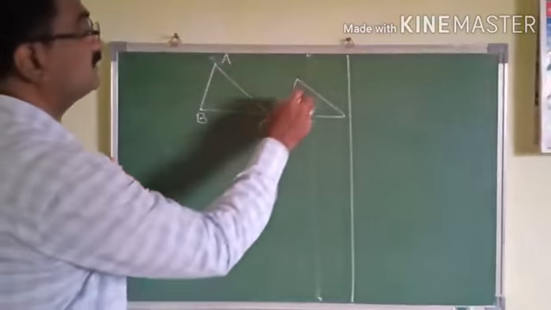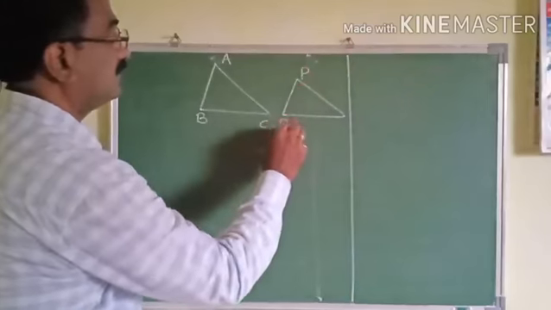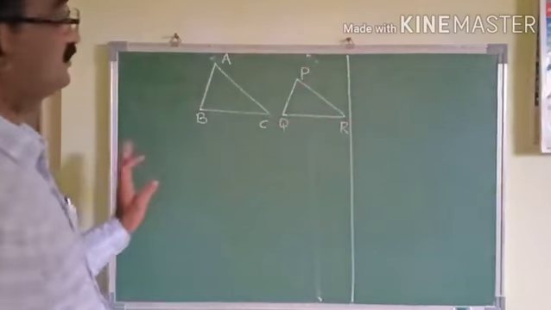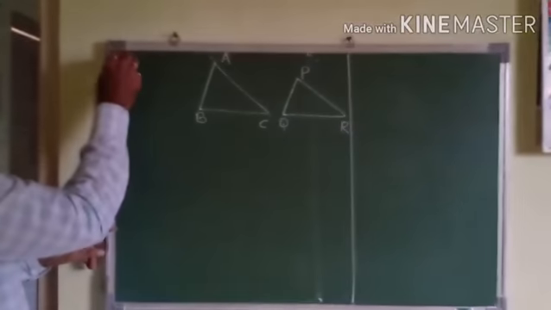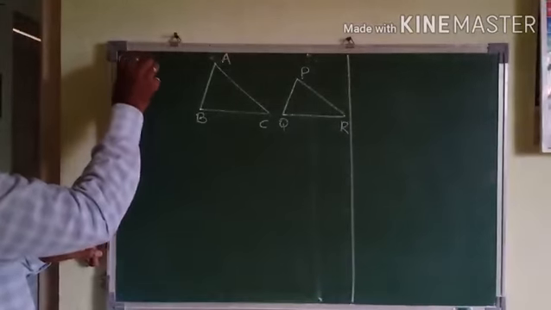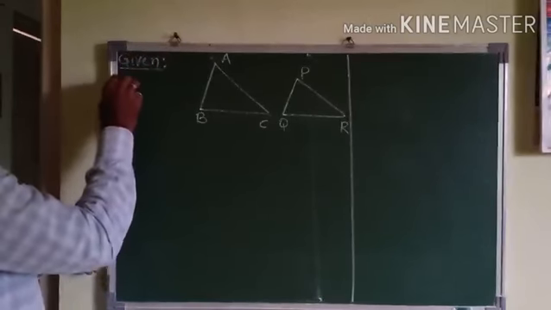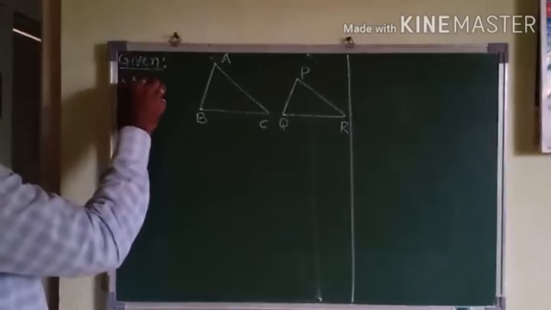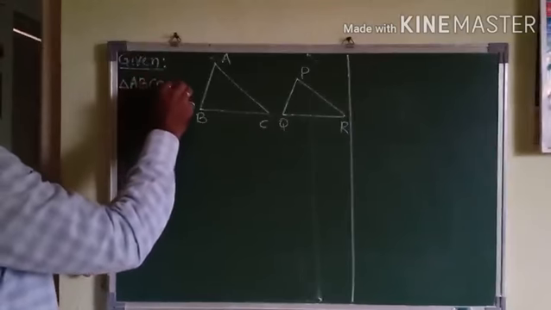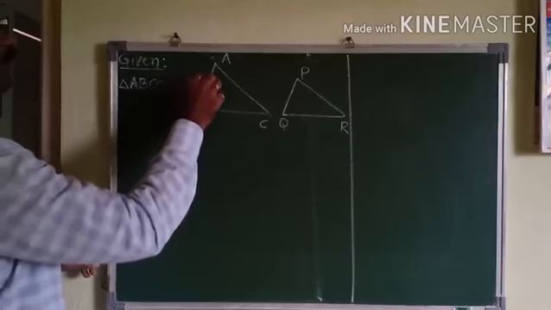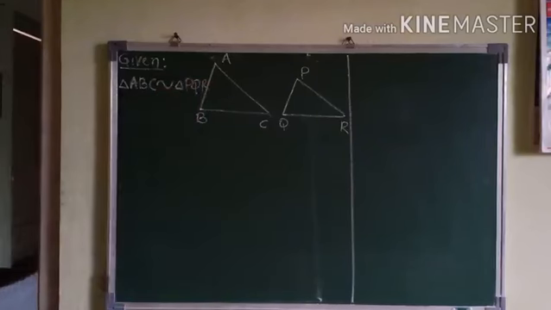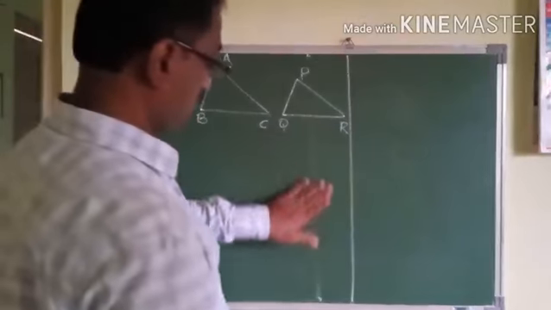These two triangles are similar. So what are the given things? Given: triangle ABC similar to triangle PQR.